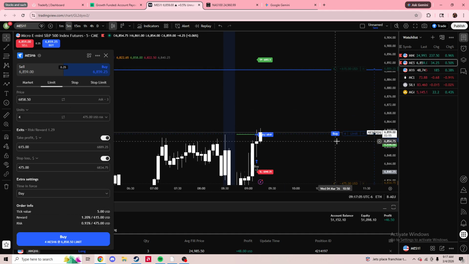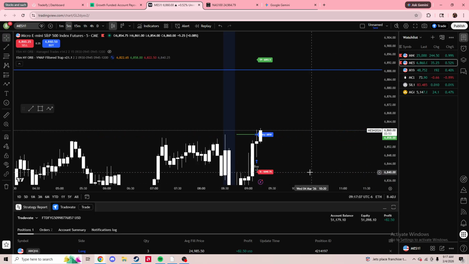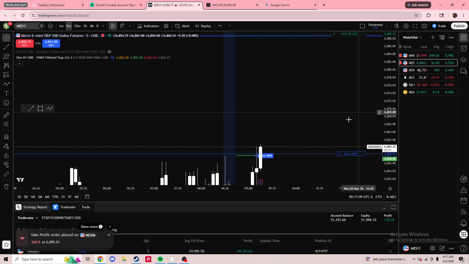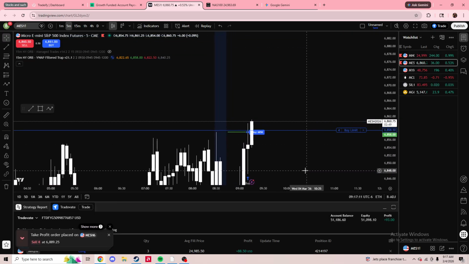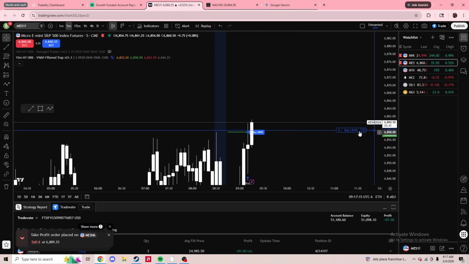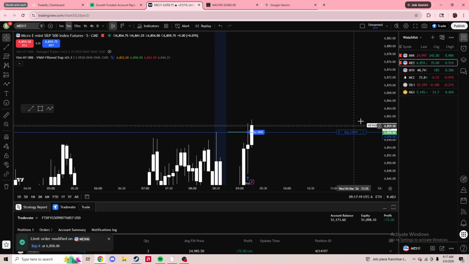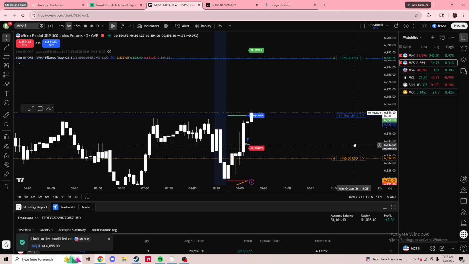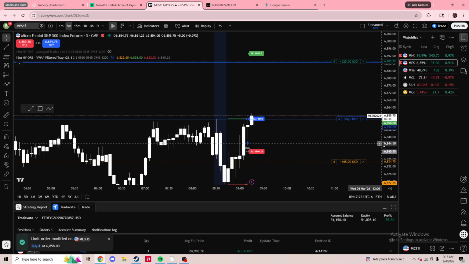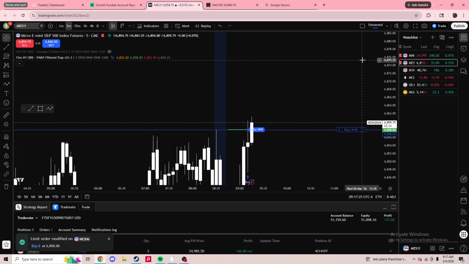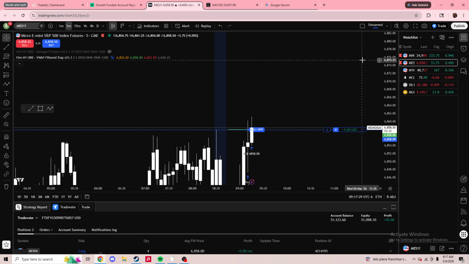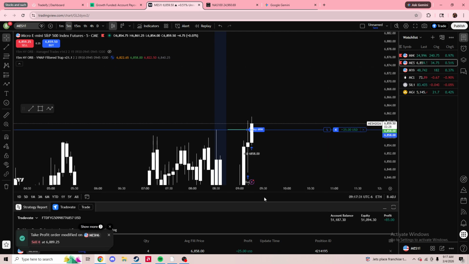Actually no, let's place a limit. Right smack in there. And now, you know what though? I want to pull this down a little bit. I want to put it directly on top of the zone. And now let's just watch the magic happen. Boom, now we're in.